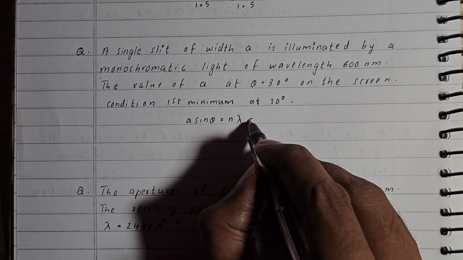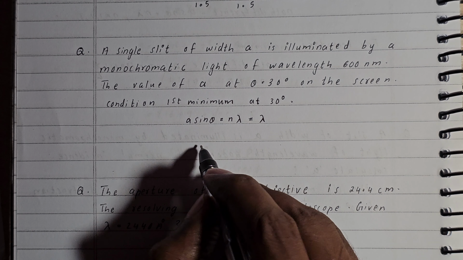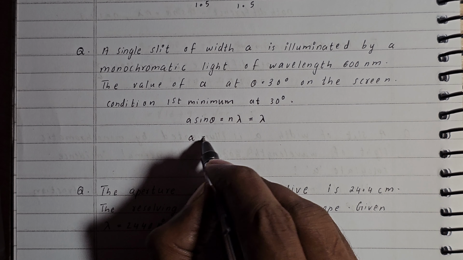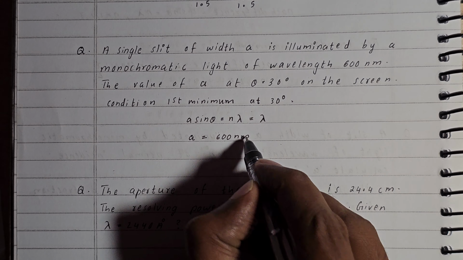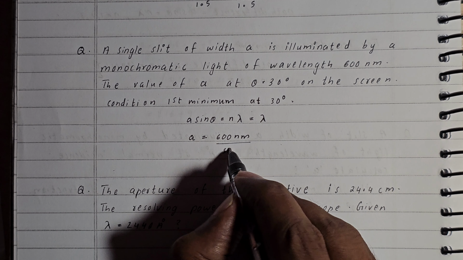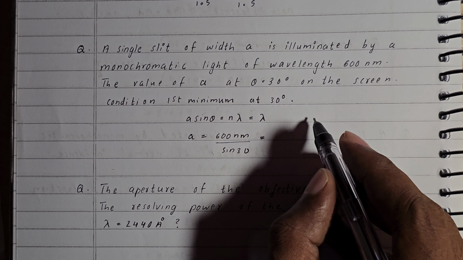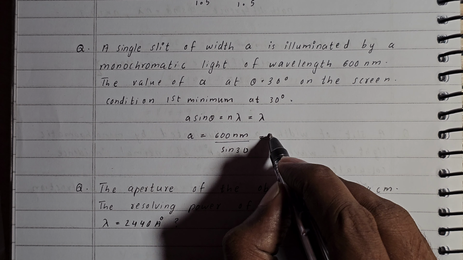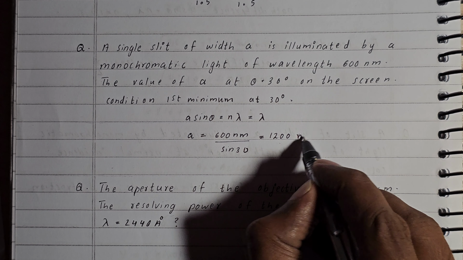Here n is equal to 1, that is first minimum. So a sin theta is equal to lambda. From this, a is equal to 600 nm divided by sin 30, which is equal to 1200 nanometer.